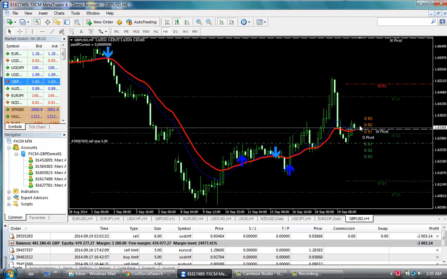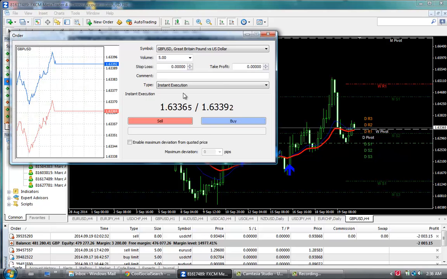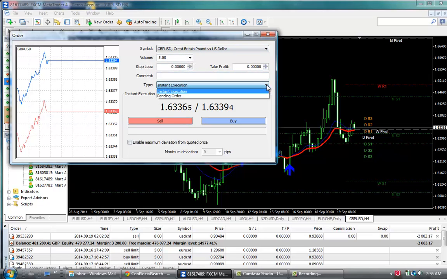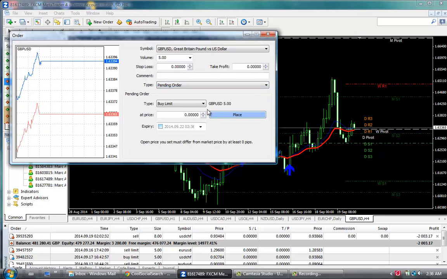If we want to do a sell limit, remember it has to be above market price because it's a sell. We do the same thing and click on the volume, which is once again around 1-to-1 leverage because it's almost a $500,000 account. That's 5 lots, which is 500,000, so it's almost 1-to-1 leverage. I'll make a lot of money even with 1-to-1.